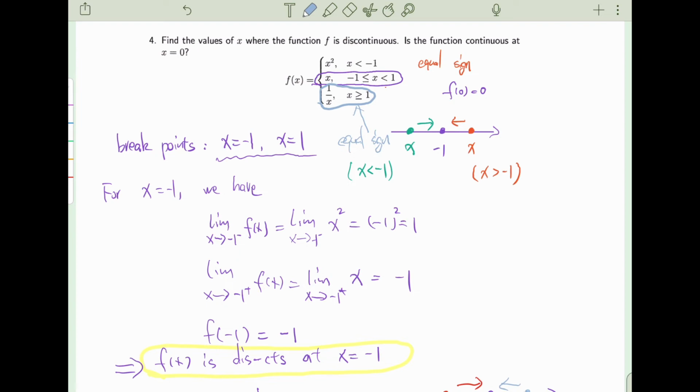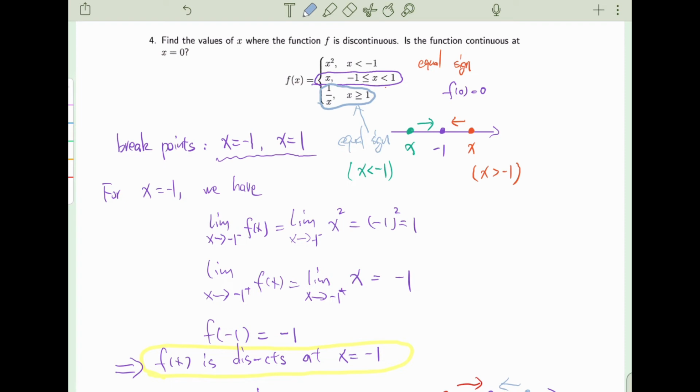If x itself is not greater than or equal to 1, we don't use this expression at all, right? So for x equal to 0, we're not going to even look at this gray expression. We plug into the gray expression only when x is greater than or equal to 1.